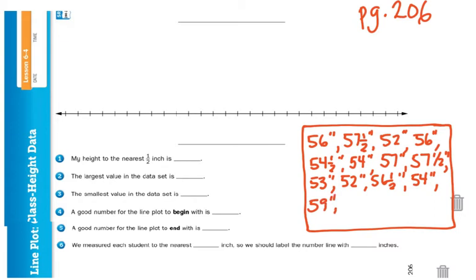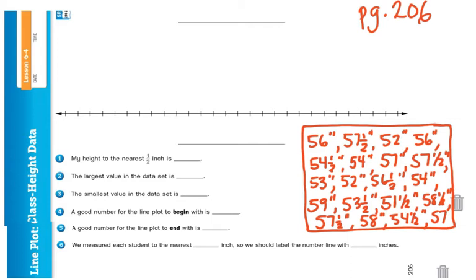59 inches, 53 and a half inches, 51 and a half inches, 58 and a half inches, 57 and a half inches, 58 inches, 54 and a half inches, and 57.